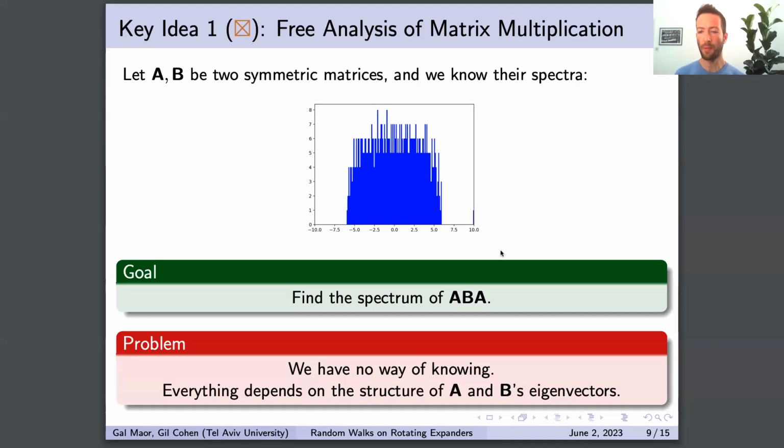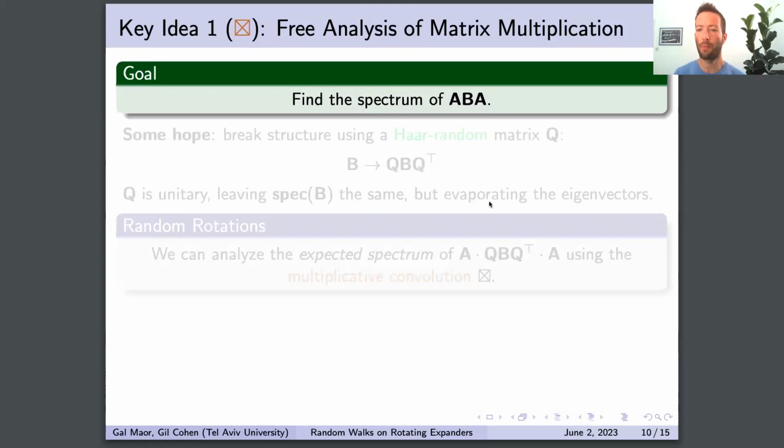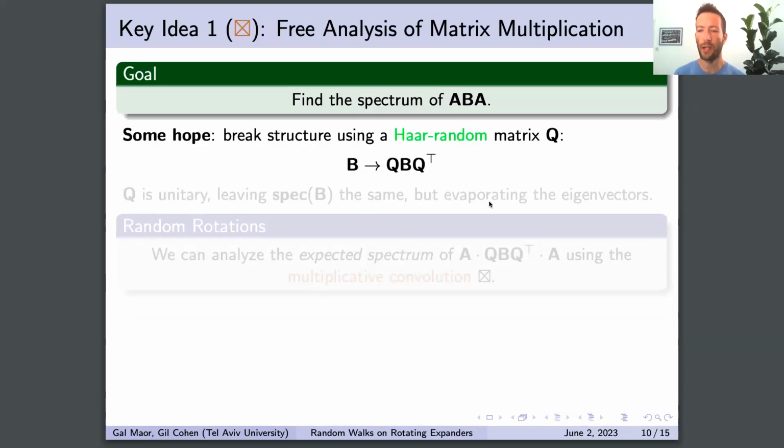So in order to have some hope here, we must introduce some randomness into the process. And the way we do it is by a Haar orthogonal matrix Q, a Haar random matrix Q, and we conjugate B by Q.